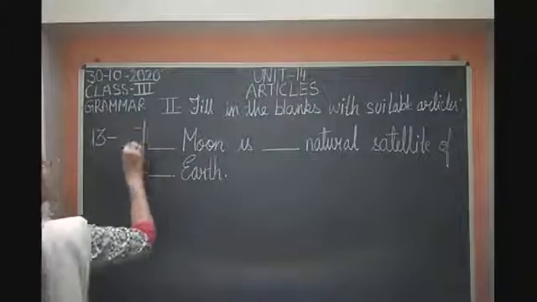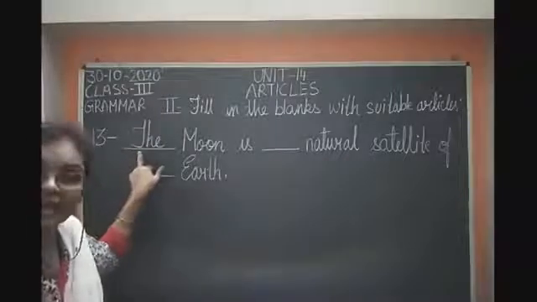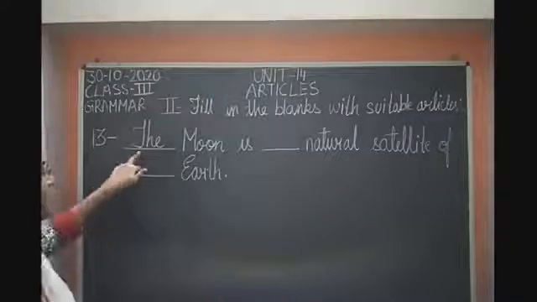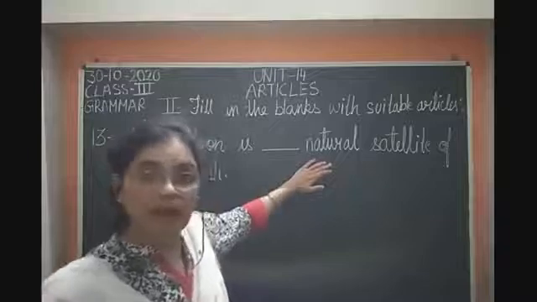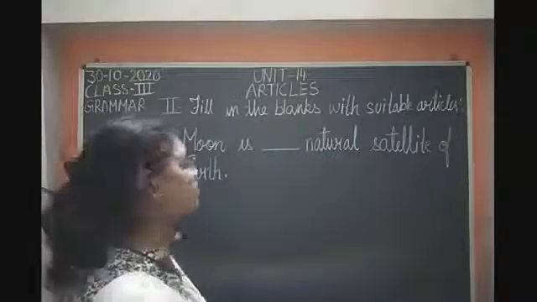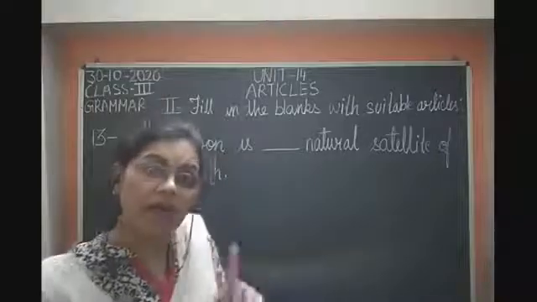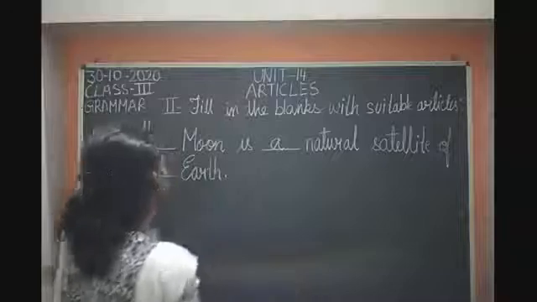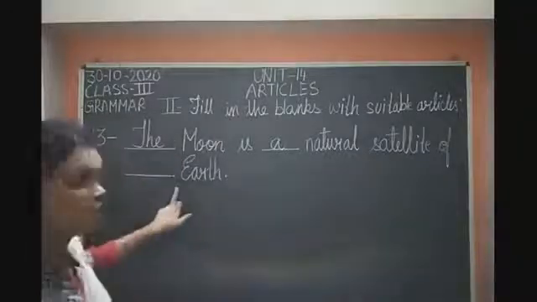So, the moon, and the T of there will be capital. Why? Because we are starting the sentence. The moon is dash natural satellite of earth, है ना. तो moon क्या है? अर्थ का एक नेचुरल सैटेलाइट है. So the moon is a natural satellite of earth.